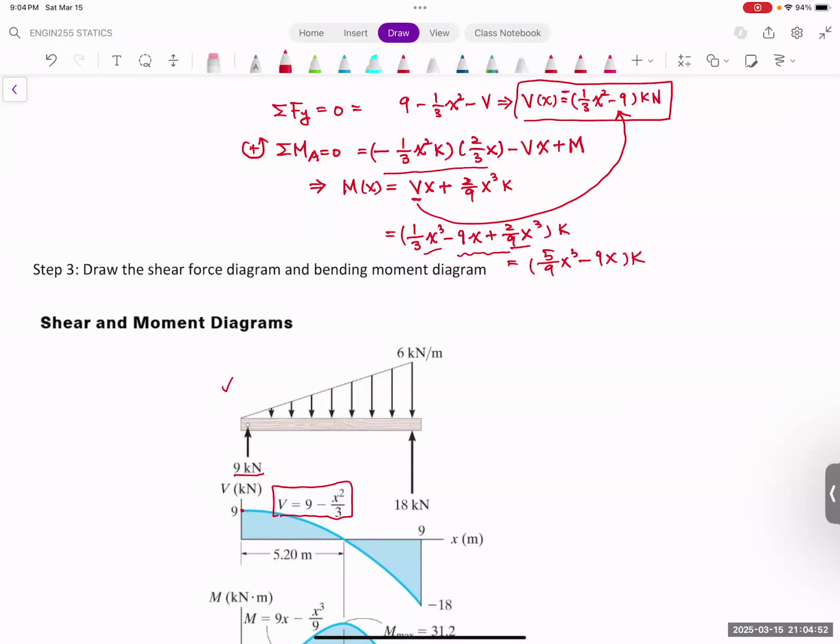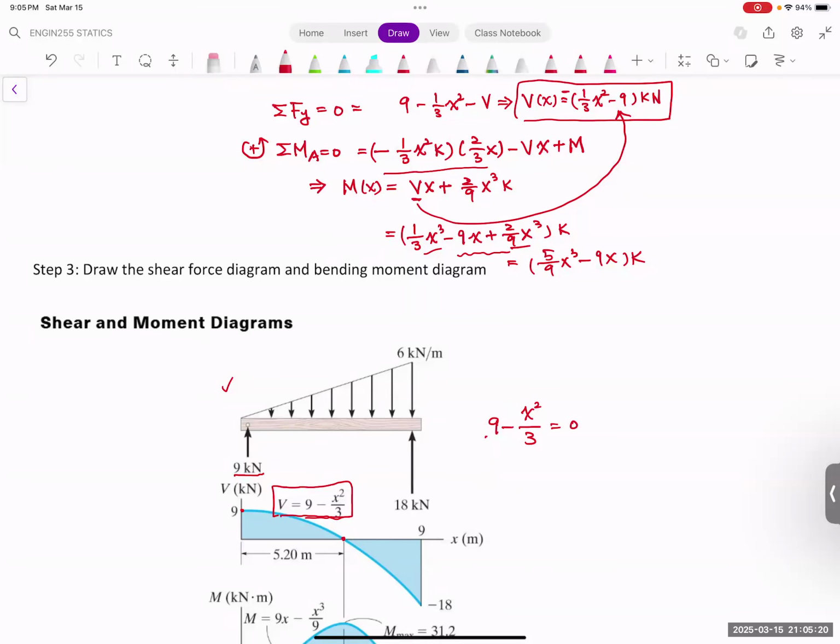And the most important part is, what is this value here, and when are you going to have the value go to 0? You can use this equation to find out. If you wanted to know where the location is going to be 0, you're going to say, okay, 9 minus x squared divided by 3 equal to 0.